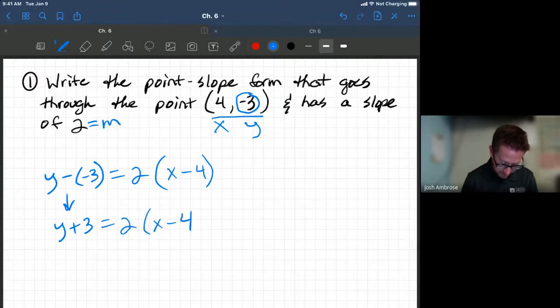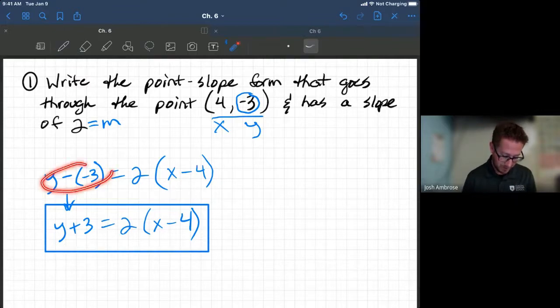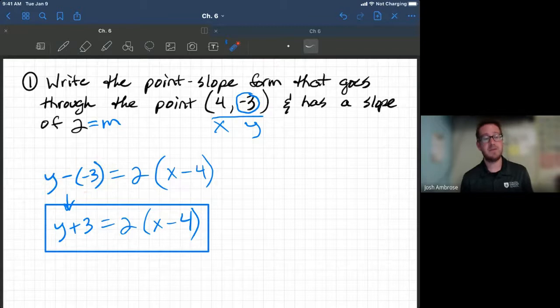And this is the exact answer that we're looking for. Okay, you have to make sure, let me finish that parenthesis, you have to make sure to change that minus right here and another negative into a plus sign. All right, if you don't do that, then it's not actually simplified.